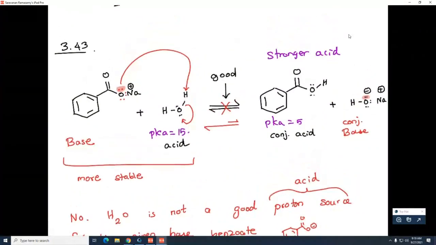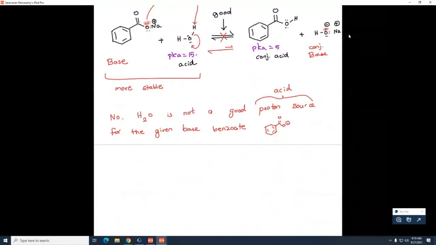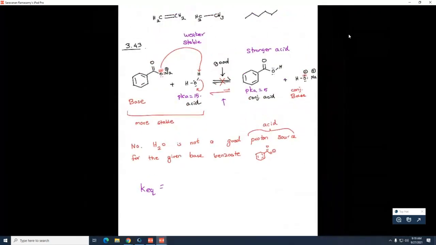And water is more stable, or weaker. So that validates our direction of arrow, right? And to go further, what's the equilibrium constant, or how much of the backward reaction is favorable? Give a number to this arrow. Calculate Keq for this reaction.